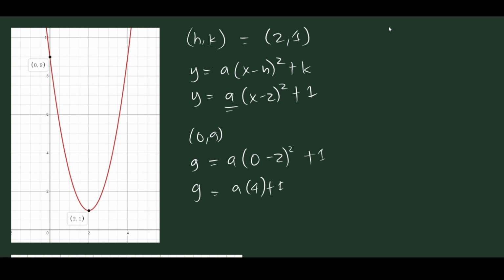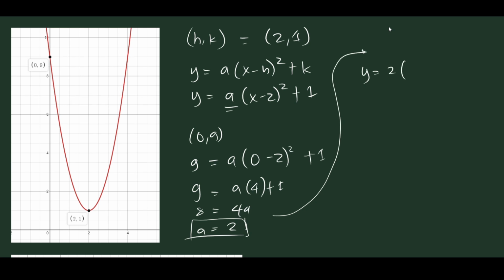Subtracting 1 from both sides, we have 8 is equal to 4a, and then a is equal to 2. Okay, so now we have our a. We can then substitute that into our standard form. So y is equal to 2 multiplied by (x minus 2) squared plus 1. This is the equation of our parabola.